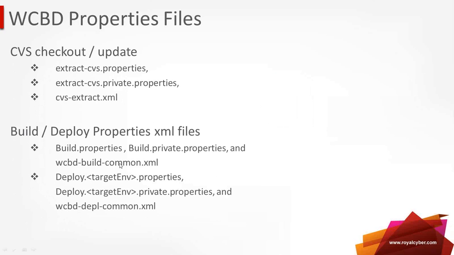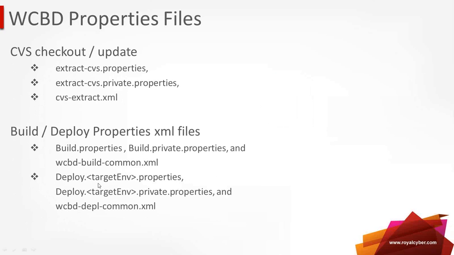The WCBD build common XML has the actual functions. The property file has the parameters used by the XML file, and the private property file has the username or information which is more secured.